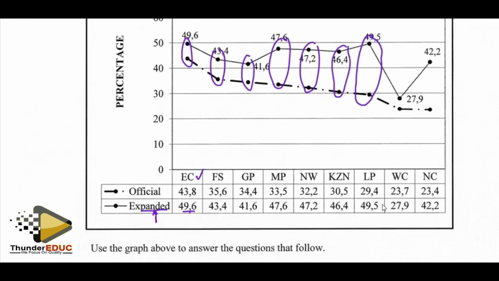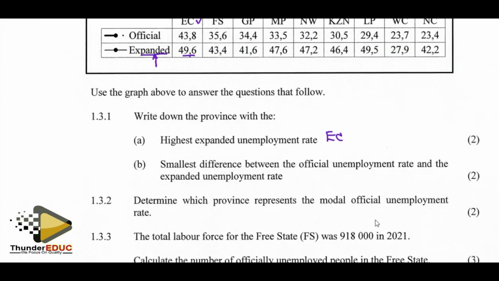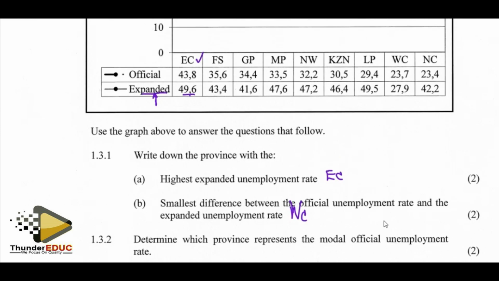Then we have this, then we have this also. So the gaps in between. So definitely this is the one with the lowest. So the province here is going to be the Western Cape.